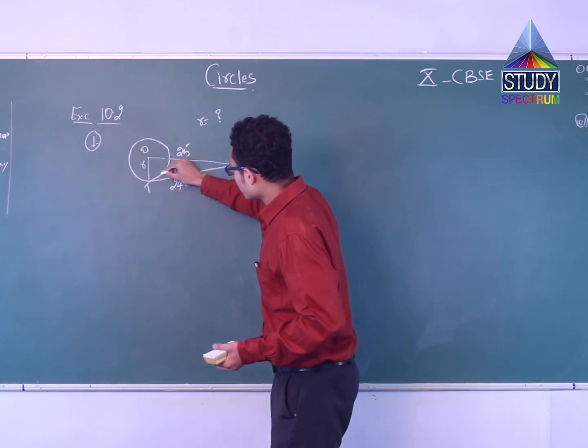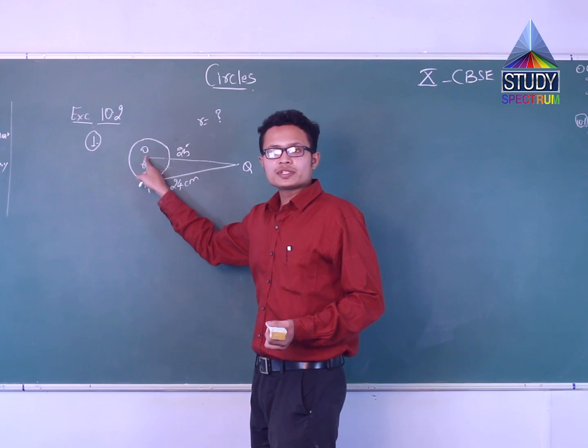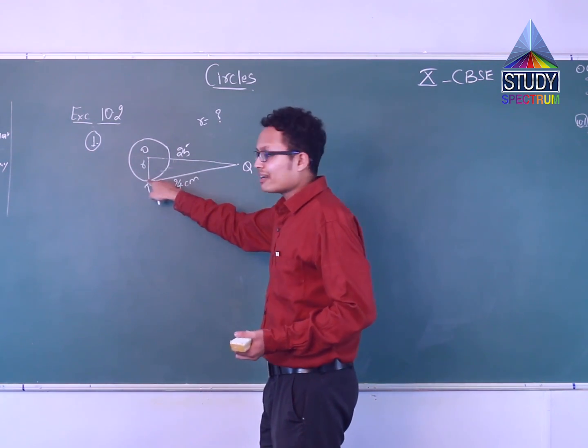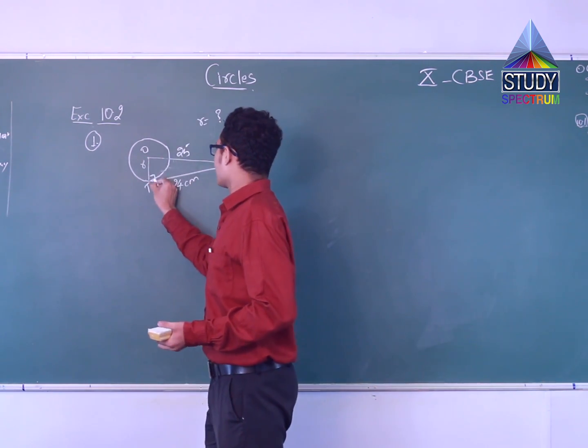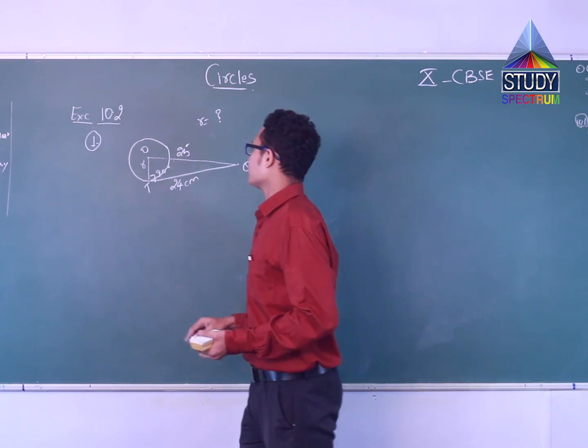I know from theorem 10.1 that when a line is drawn from the center onto the tangent, that line will be perpendicular to the tangent. So this is a right angle, 90 degrees, from theorem 10.1.